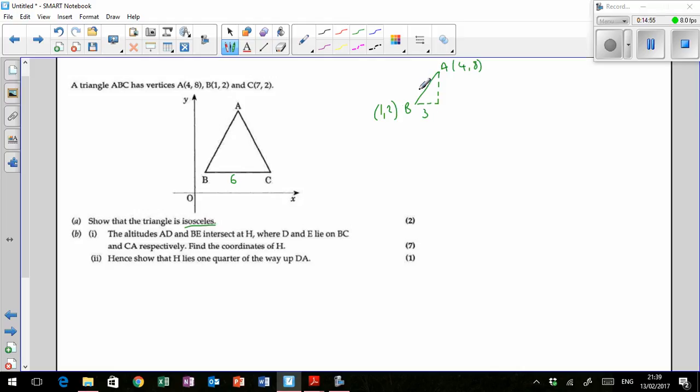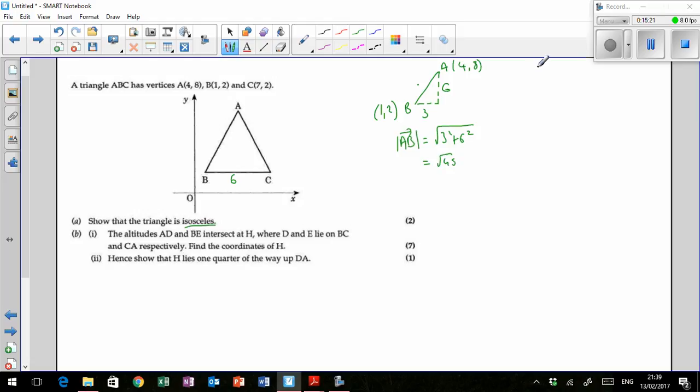And the y direction between 2 and 8, we know that is 6. Okay, so this length here, let's just call it the magnitude of AB. The magnitude of AB, the length of that line, is going to be 3 squared plus 6 squared, which is 9 and 36, which is root 45.